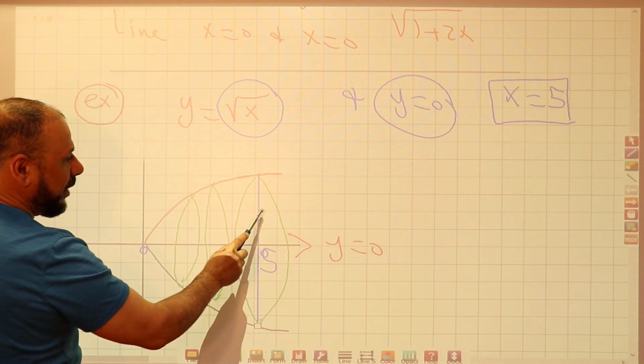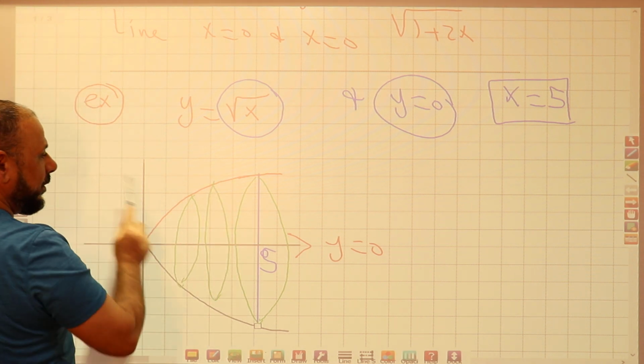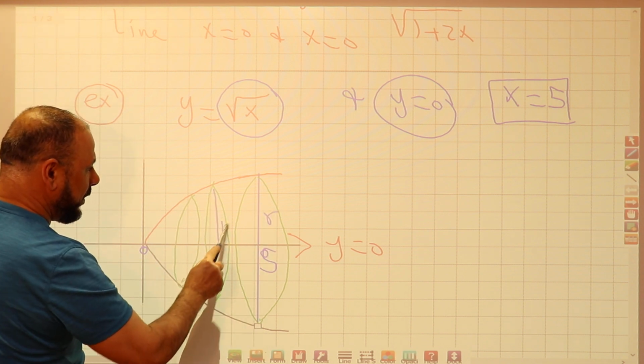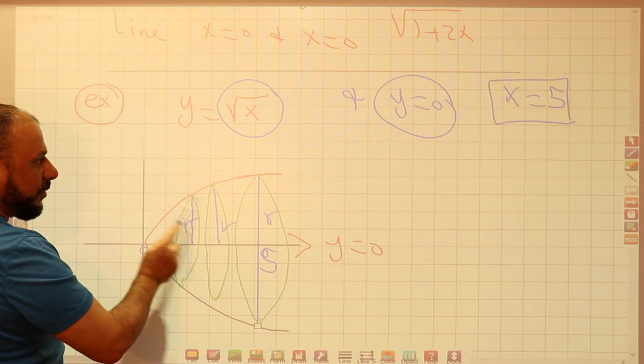You see the R, my R here, from here to here, changing, right? Which is the same as f of x.